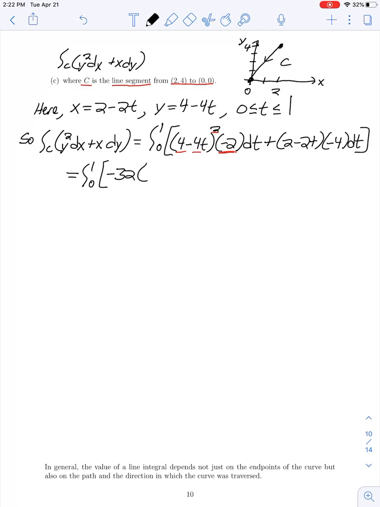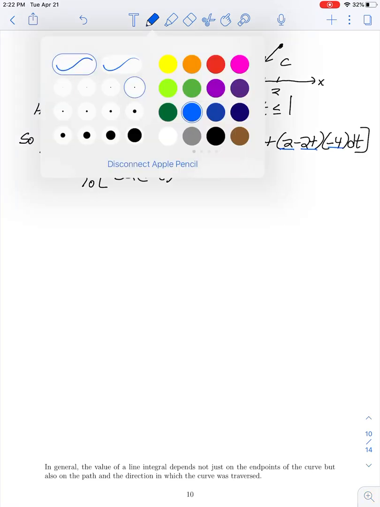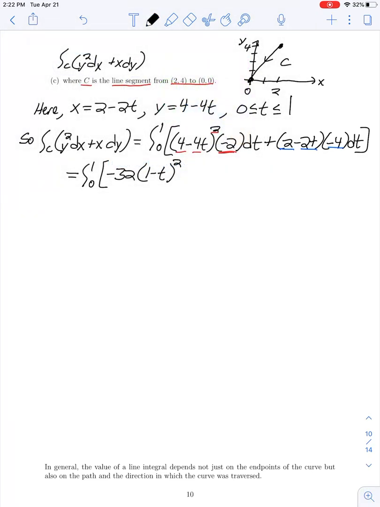And when I factor out a 4 from that term, I'm left with (1 - t) quantity squared. Now in a similar way, from this next term, I could factor out a 2 from the 2 minus 2t, and then I would have a 2 times -4, which gives me -8, times a (1 - t), all times dt.